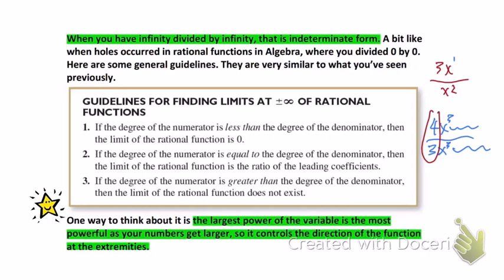Here, since we're talking about limits, we just say the limit doesn't exist. And the highlighted stuff at the bottom is just reminding you that the largest power of the variable is the most important part as that variable gets larger. That's why we've got these rules. It controls everything.